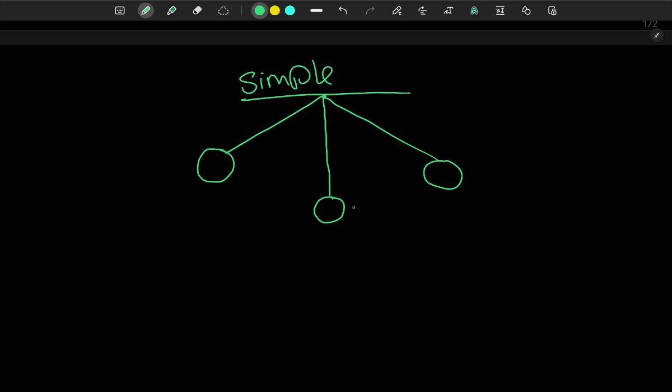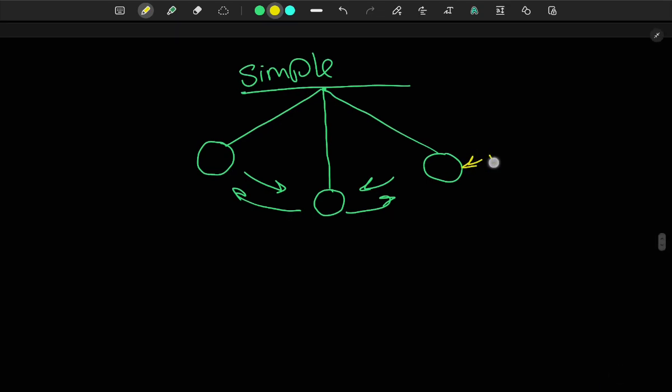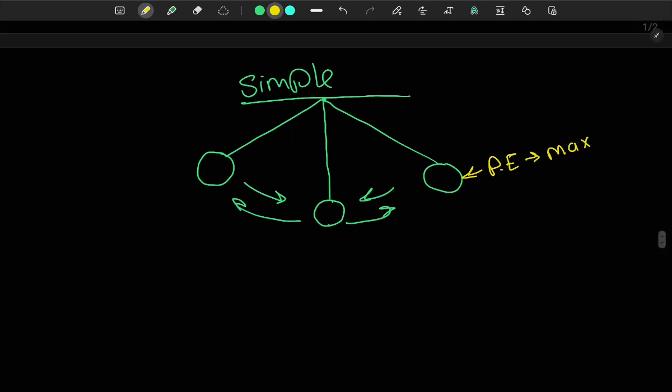This ball moves up and down. In the highest height here, the potential energy is maximum, and in the lowest height, the kinetic energy is maximum.